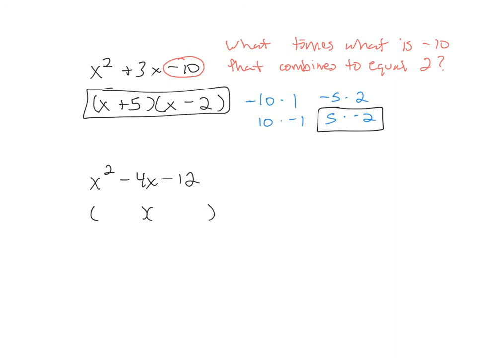Okay, so nothing in the front, so nothing's in common. Last term's negative, so one positive, one negative. Put my x's in there. Okay, what times what is negative 12? Negative 12 times 1, negative 1 times 12, and neither of those work. 6 times negative 2, negative 6, positive 2.